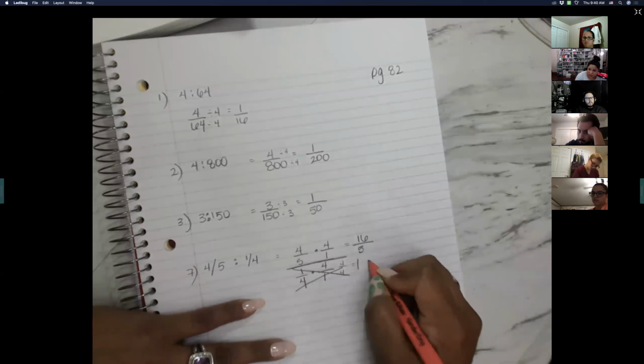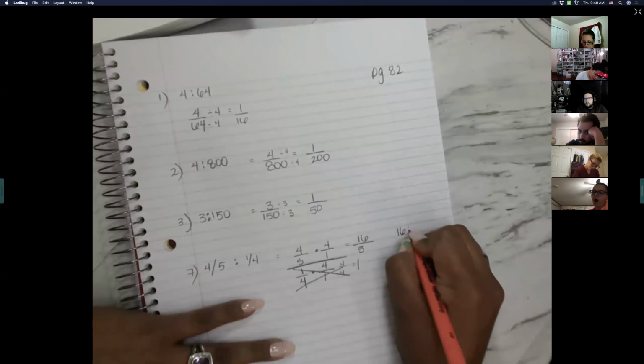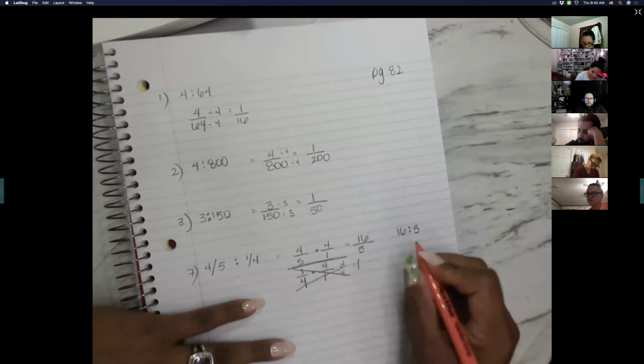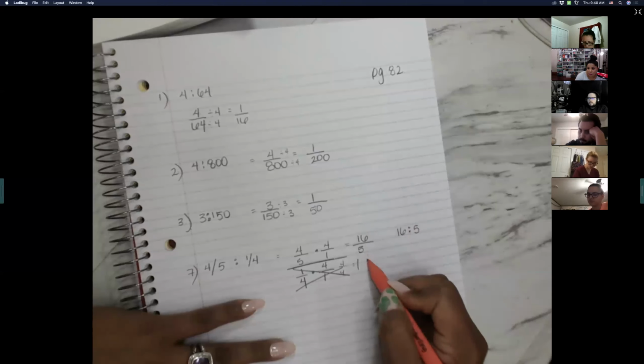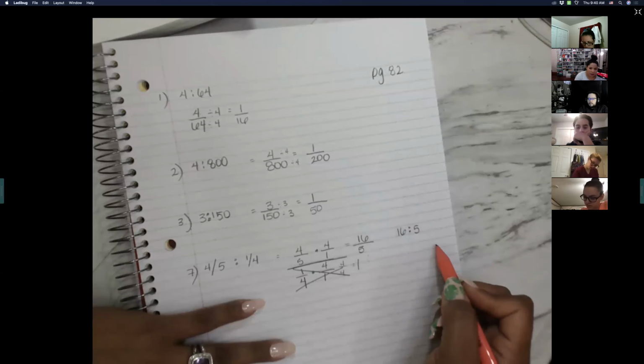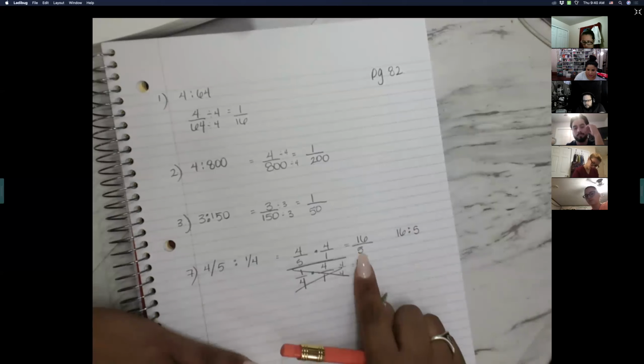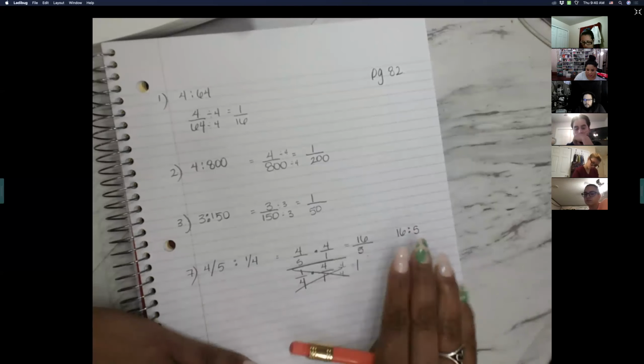So my ratio is 16 to 5. I can't reduce this fraction. If it asks me to, I can convert this improper fraction to a mixed number, but right now that's not what it's asking me to do. It's just asking me to take this ratio and simplify it into the most reduced fraction. And that's it. I will stop here.